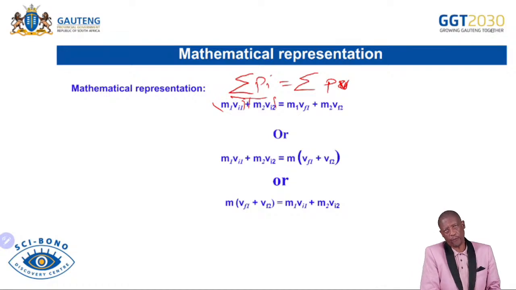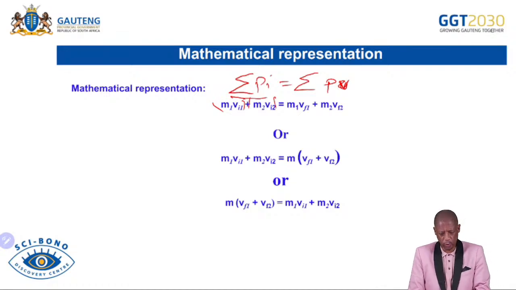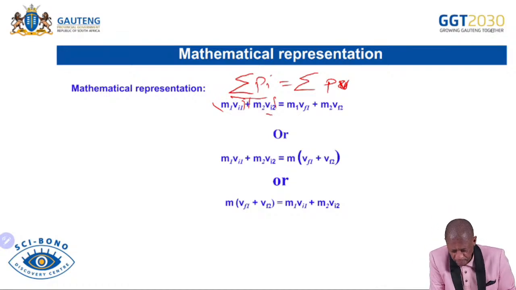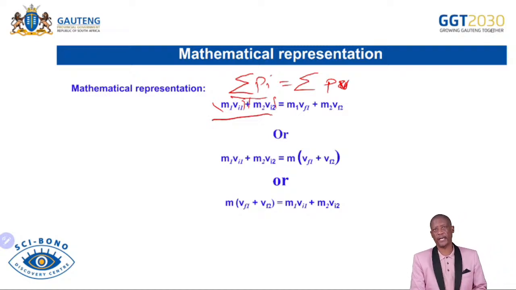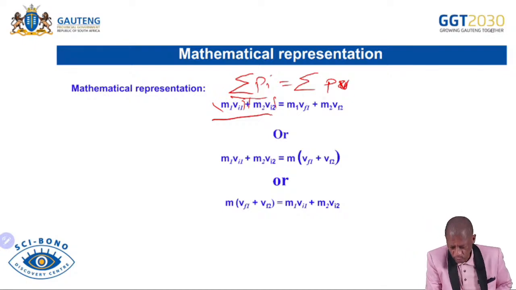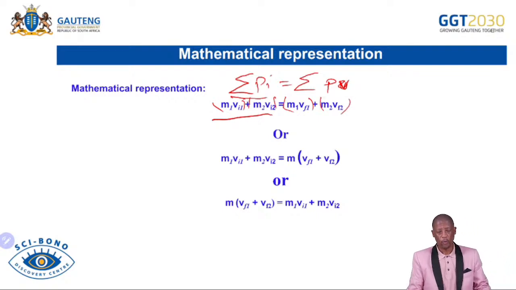So the velocity of object one plus object two. This we call before anything happened, or the initial state. And then this one is object one at final velocity, and this one at final velocity, object two. We are still adding.